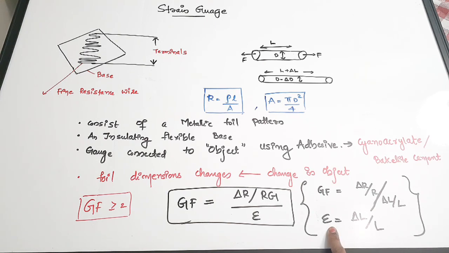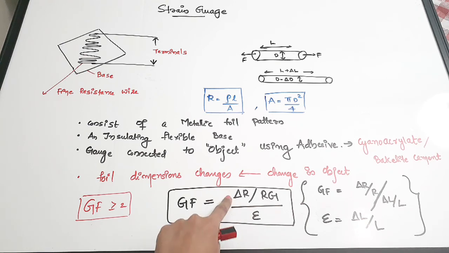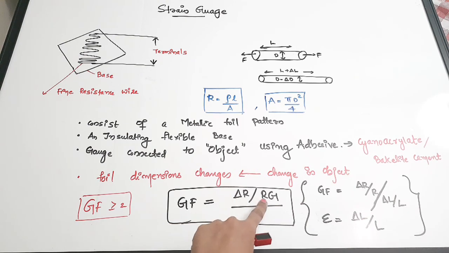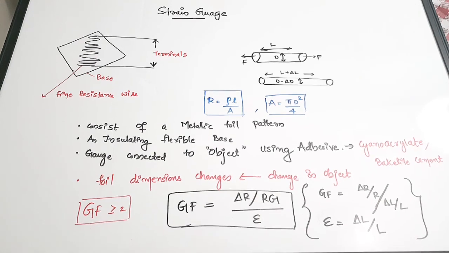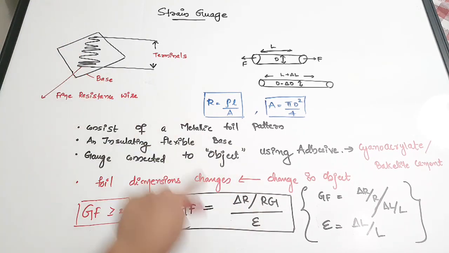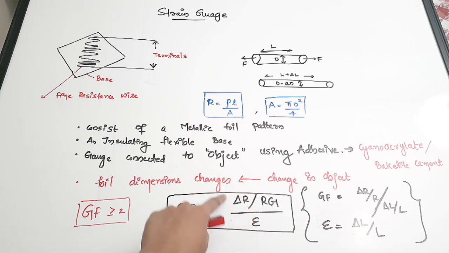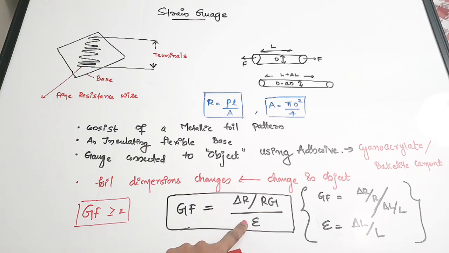Also, the strain is given by the equation epsilon = delta L by L. The variable GF represents the gauge factor, epsilon represents the strain, delta R is the change in resistance and RG is the original resistance. So if we know the original resistance of this strain gauge wire, and we calculate delta R using Wheatstone's bridge, and we know the gauge factor, then we can find the strain.